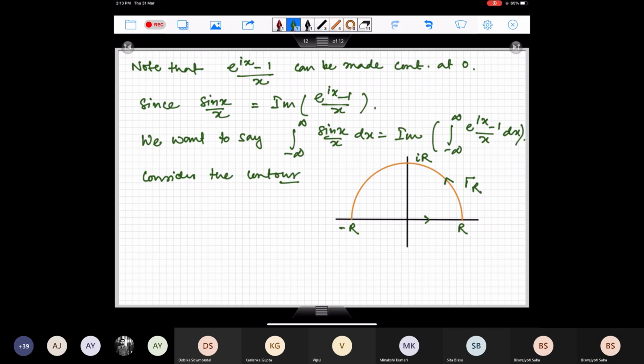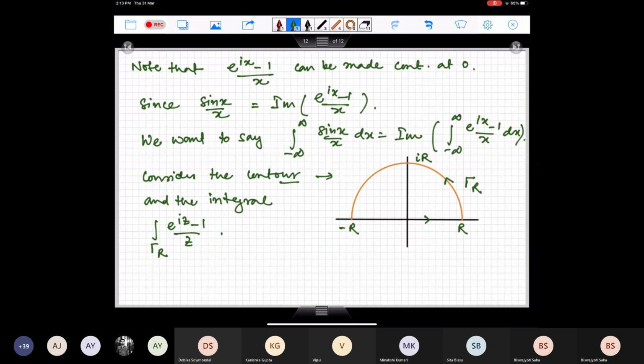So consider this contour, and the integral over gamma r of (e power iz minus 1) divided by z. So I want to consider this integral. This function is clearly a holomorphic function, and there is no problem. Now, first of all, let's understand what's going on here.